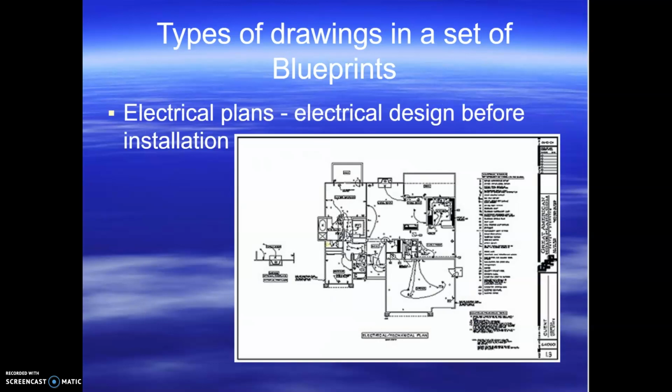Next are electrical plans. Electrical plans are super important so electricians in particular can see the electrical design before installation. Even with my husband working in construction, the electrical plans are super important because if people don't follow the plans and there are mistakes with where the electrical outlets and things like that are installed, it is super expensive to reconfigure and reinstall any type of electrical designs.